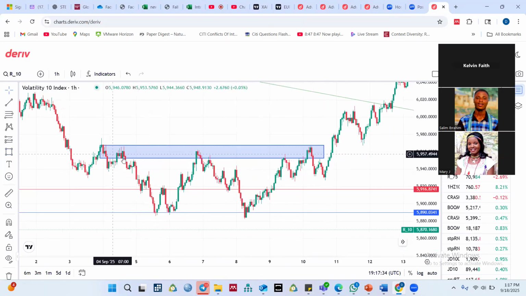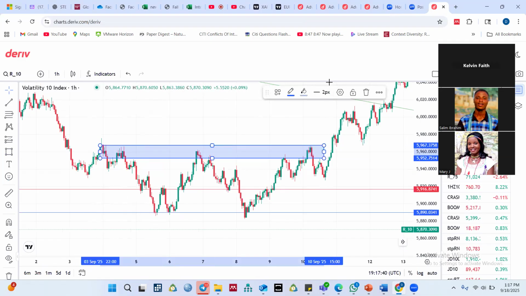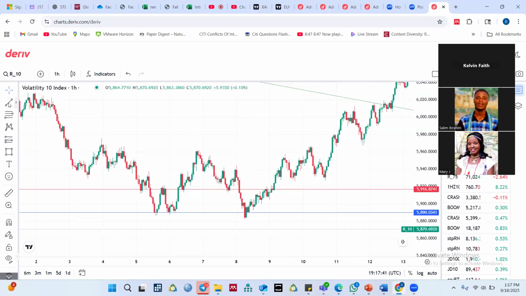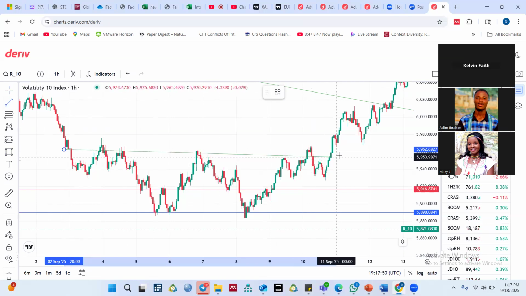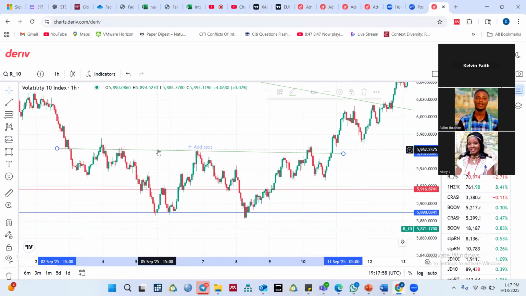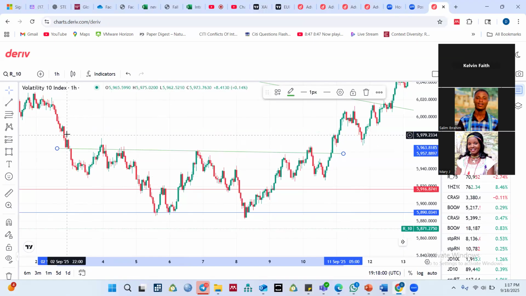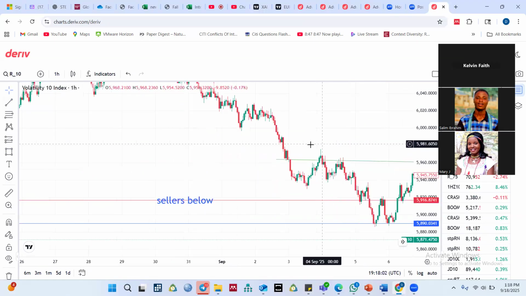Yes. So this area is a support resistance area. So why is it so? Because when price on the 1 hour here, look here, from this point, price had hit here.